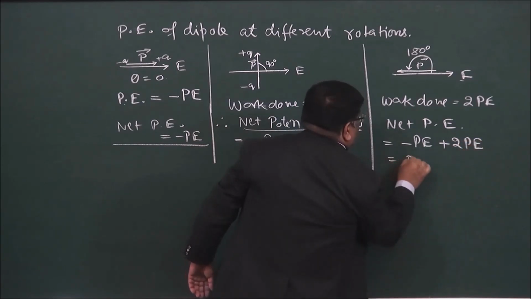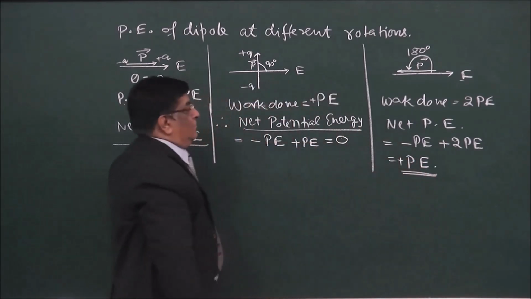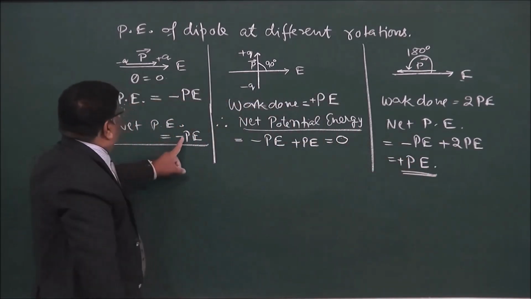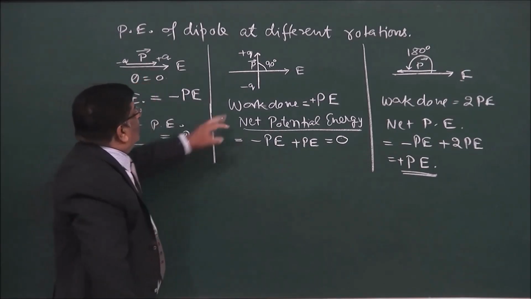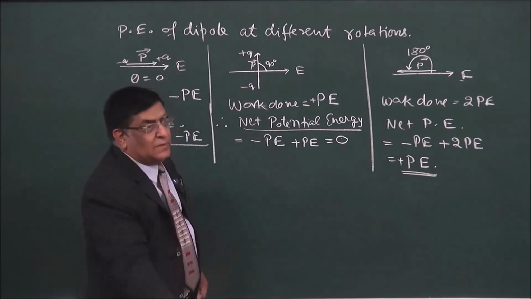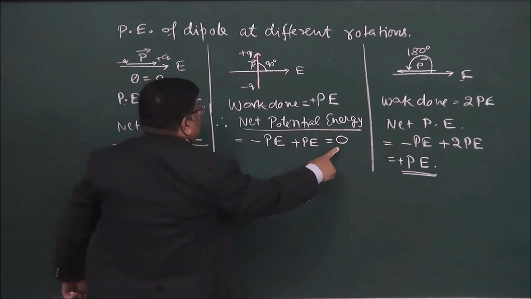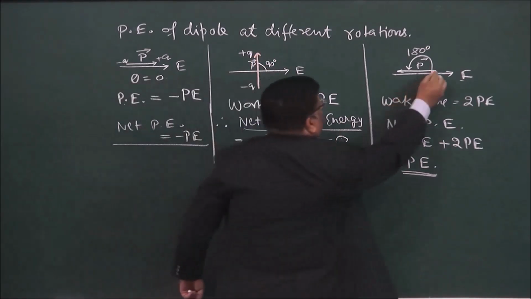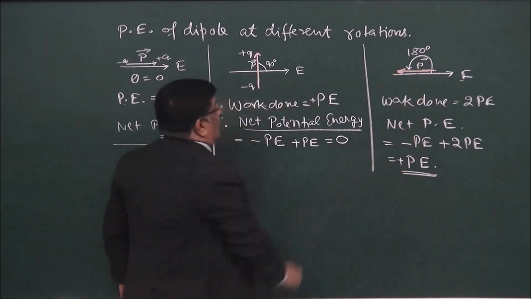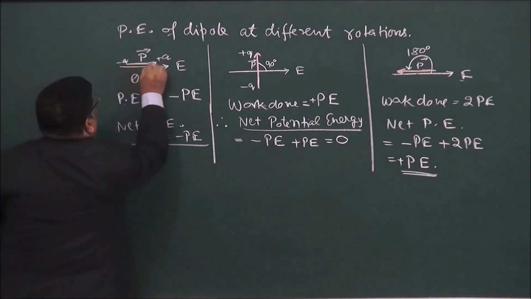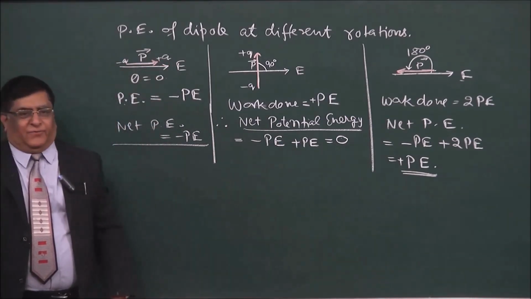So what is the net potential energy? PE. Okay, so in this condition the energy is minus PE. In this condition of dipole, the energy is 0. In this condition of dipole, the energy is plus PE.